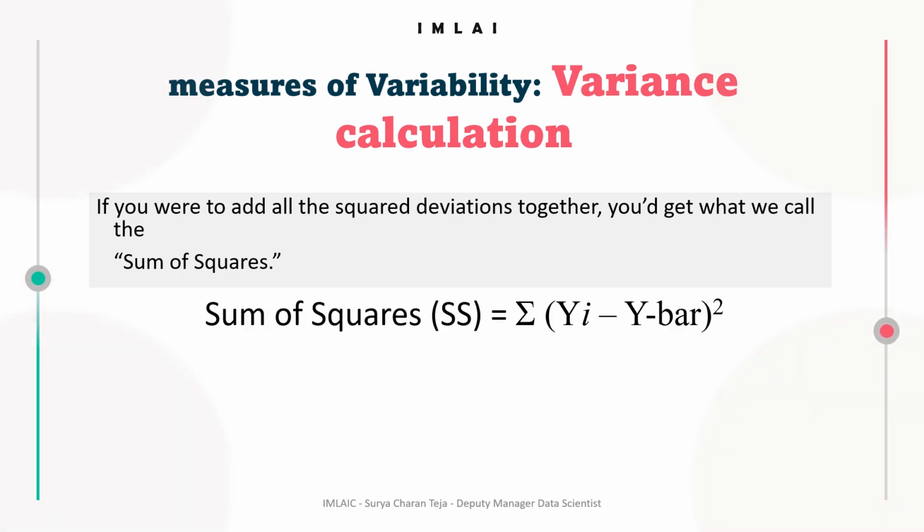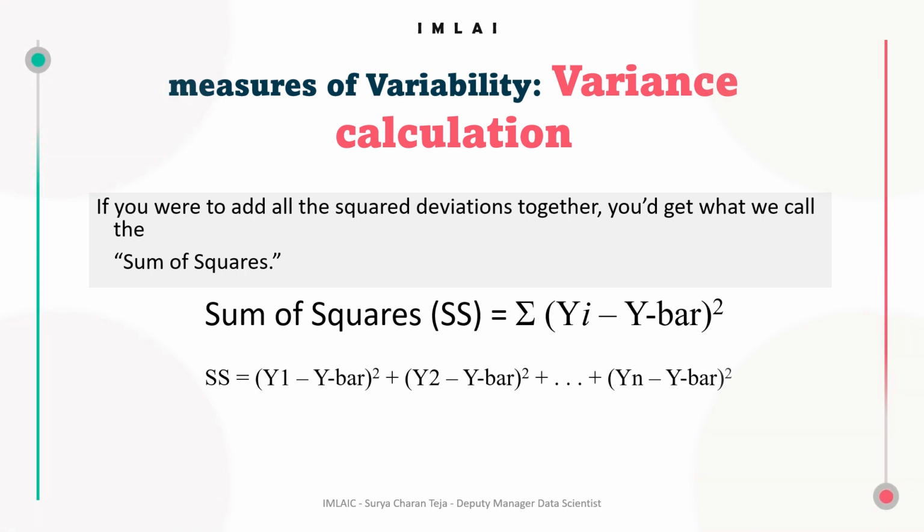So sum of squares is nothing but the sigma of yi minus y bar, all squared. In formula form: y1 minus y bar all squared, plus y2 minus y bar all squared, and so on, plus yn minus y bar all squared.